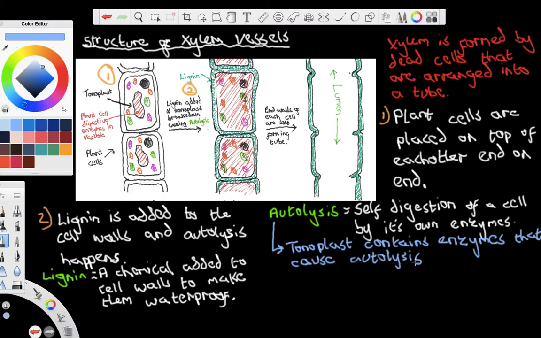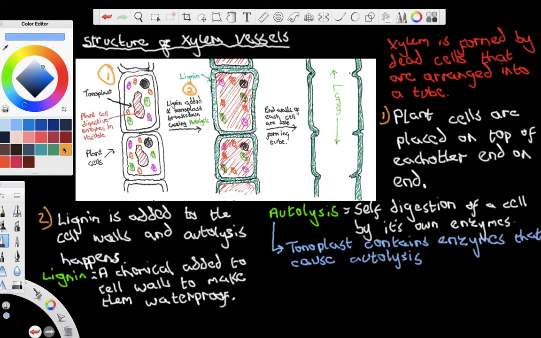So what we've got so far is that the plant cells are placed on top of each other end on end, and then lignin is added to the cell walls, which I've done in green on my diagram here. The tonoplast then releases digestive enzymes which digest all of the organelles found inside of these cells. That kills the cells, okay? Once the cells are dead, the end walls are removed. That creates a single tube with a lumen in the middle through which water can be absorbed, okay?